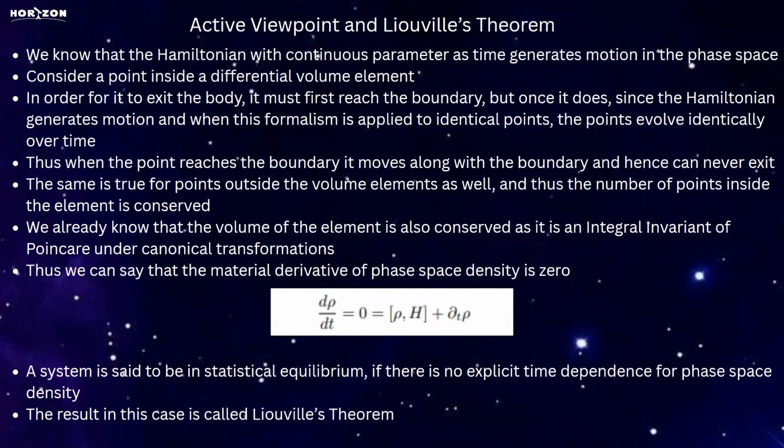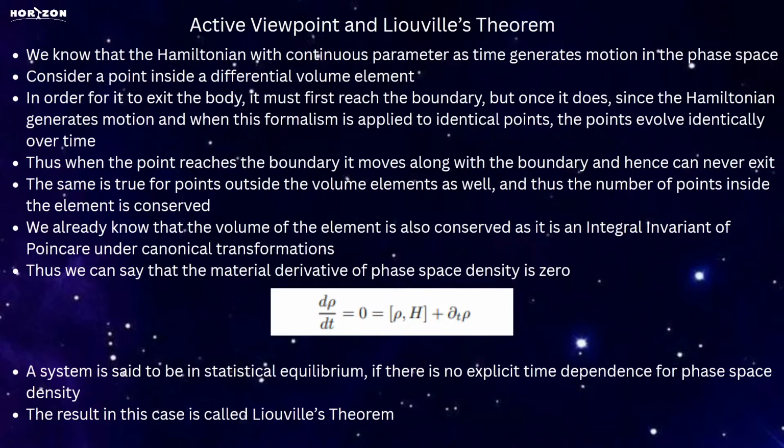So consider a differential volume element with some state points present inside. For this point to evolve and with time exit this differential volume, it must first reach the boundary. But when it reaches the boundary, it always moves with the boundary since the Hamiltonian generates motion, and the Hamiltonian bracket, when it acts on identical points, has identical results.